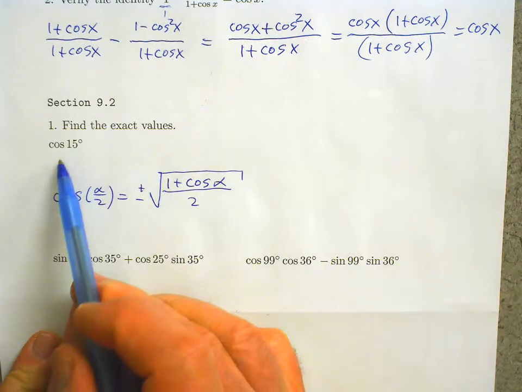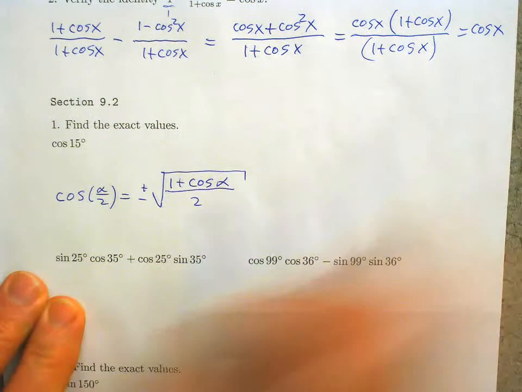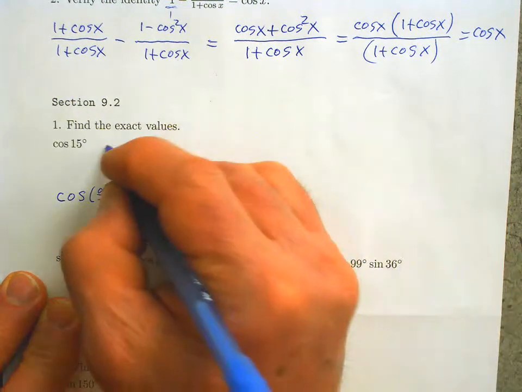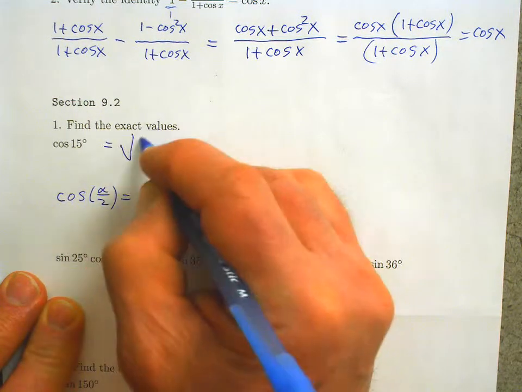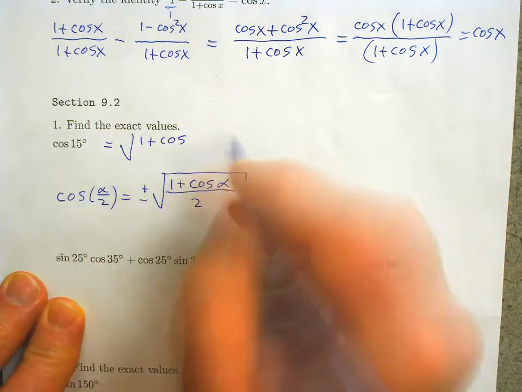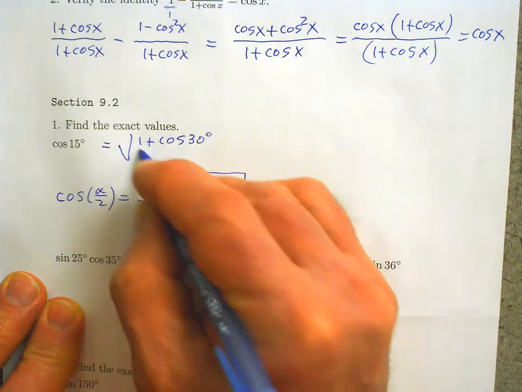We know that cosine of 15 degrees has to be positive, so we'll take the positive square root, and it will be the positive square root of 1 plus cosine of 30 degrees over 2.